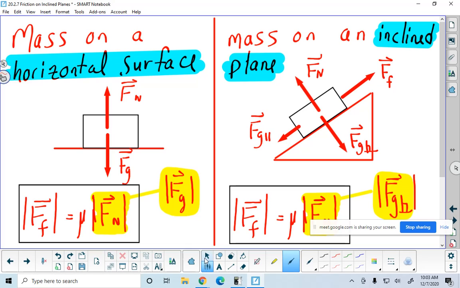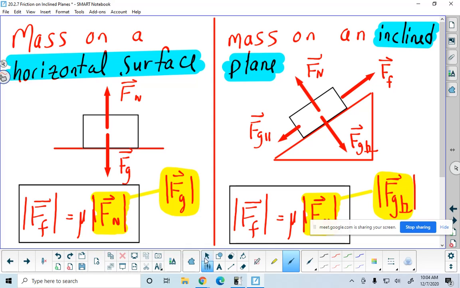So Andrea thinks no. Sienna thinks no. Sienna, can you tell us why you think the box won't move? You're right. It will not move. Right, the force of friction is bigger than the force of gravity parallel.